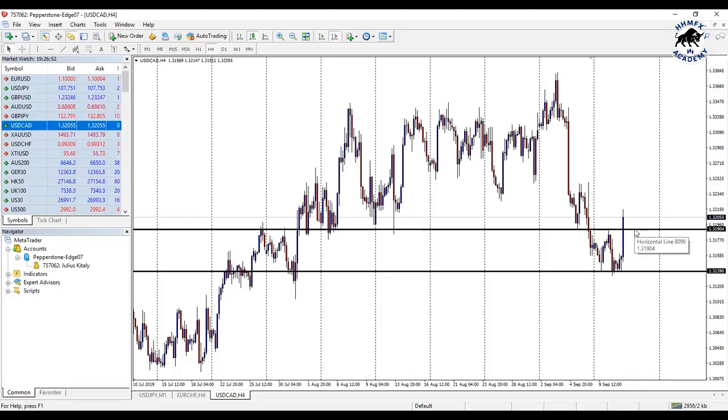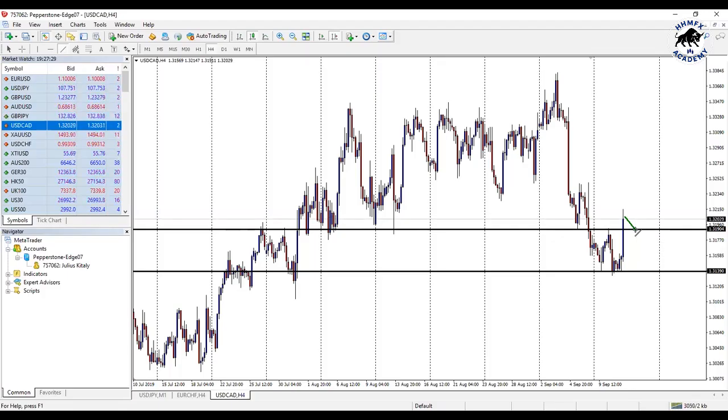1.331904. It's now the nearby support, which means if the market decided to do a kind of retest, it will do a retest at this support, which was previously a resistance. But right now it is no longer a resistance, it is support. Why? Because the previous resistance becomes a support after the market crosses over it.